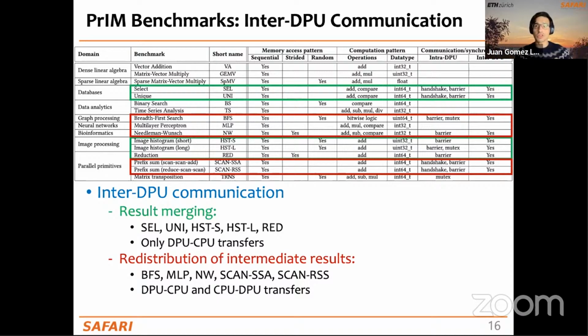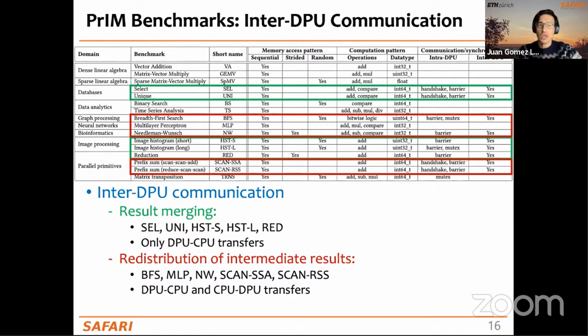We bring all these partial frontiers to the host CPU, we concatenate them, and then we redistribute. This merged, concatenated frontier is again the input to the next iteration, so we redistribute to the DPUs for the execution of the next iteration.